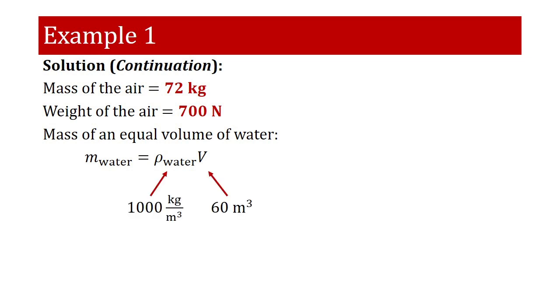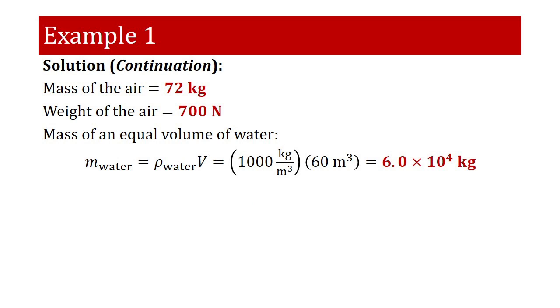We know from the table that the density of water is 1,000 kilograms per cubic meter, and the volume of water pareha lang daw sa volume sa air sa problem, so that is 60 cubic meters. So we substitute these values to the formula. 1,000 kilograms per cubic meter times 60 cubic meter is equal to 6.0 times 10 to the 4 kilograms.